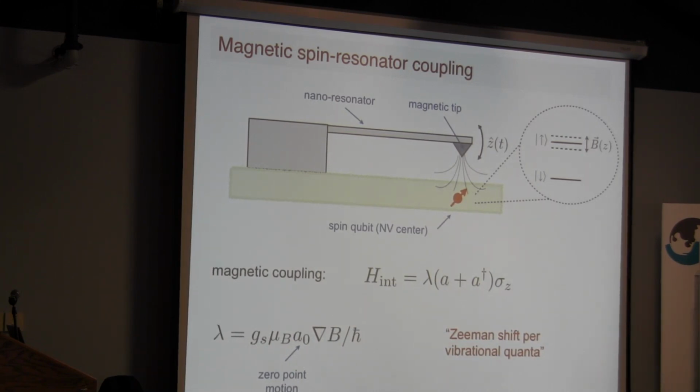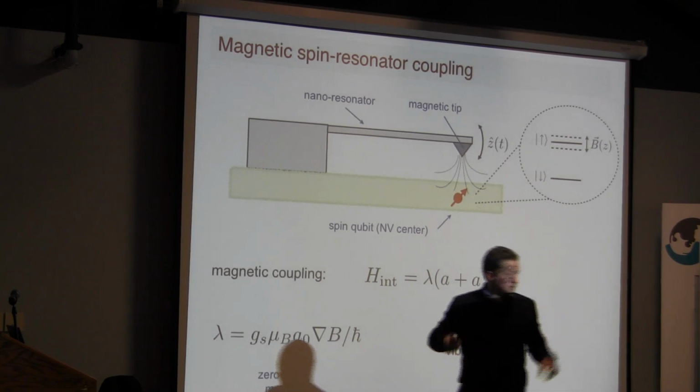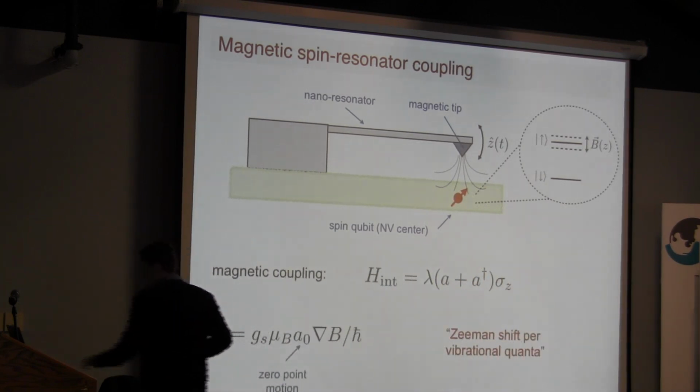It's very simple. What you usually have is an additional field which splits these two states. And then if you're interested in comparing superpositions, you simply shine in a microwave which has this frequency. So this would be one way. But this is not specific to the NV center, it can be any spin.